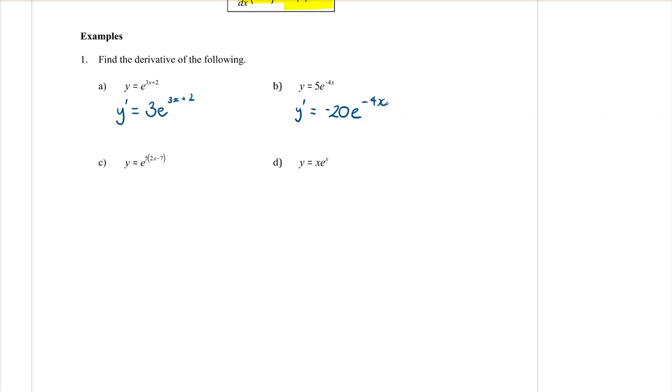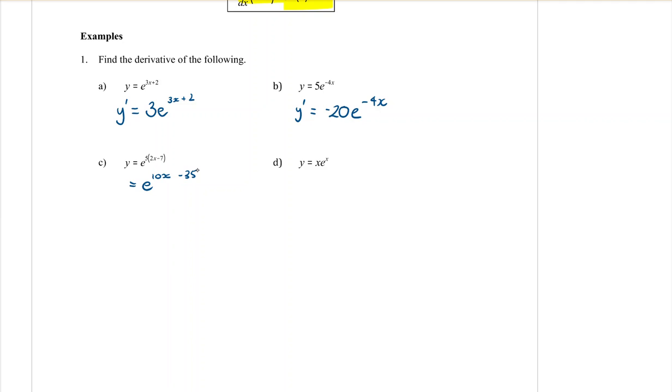Part C. y equals e to the power of 5 bracket 2x minus 7. We do know how to differentiate brackets, but since there's no power or anything on that bracket, it's going to be easiest if we expand that first before we differentiate it. So expanding, just the bracket. So 5 times 2x is 10x, and 5 times minus 7 is minus 35.